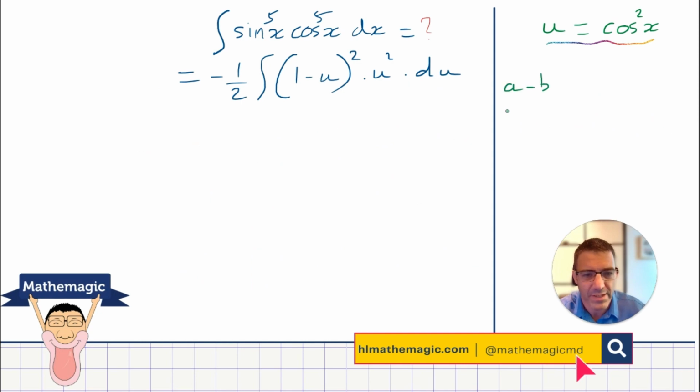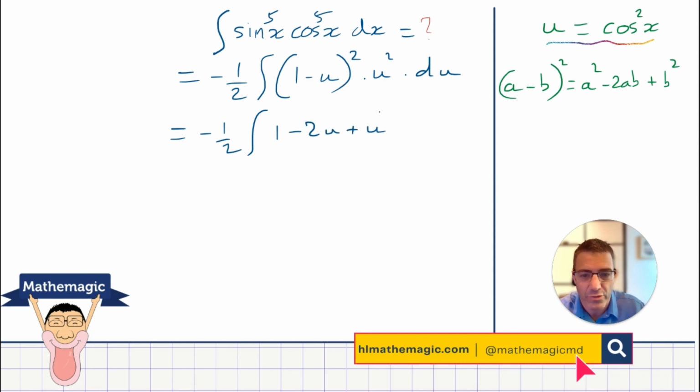And so here we have 1 minus u squared in our bracket, so we can remember that a minus b, if that was in a bracket squared, that's equal to a squared minus 2ab plus b squared. So this is an expansion identity. So we can say this is minus a half, we can use that in our integral, of the integral of 1 squared, so 1 minus 2 times u plus u squared, and all of that gets multiplied by u squared times du.